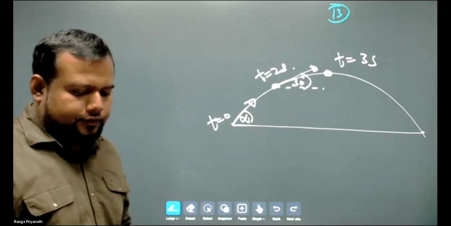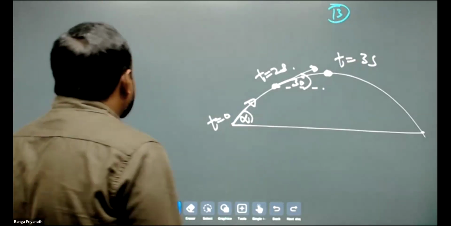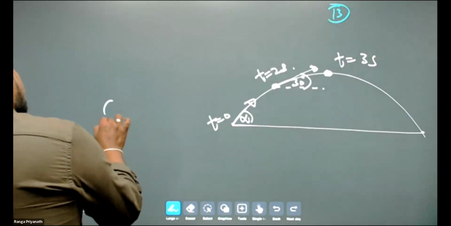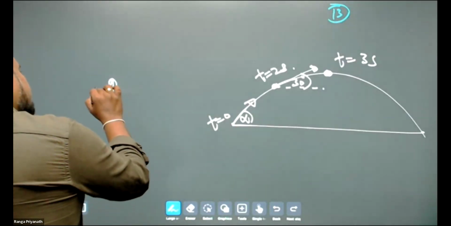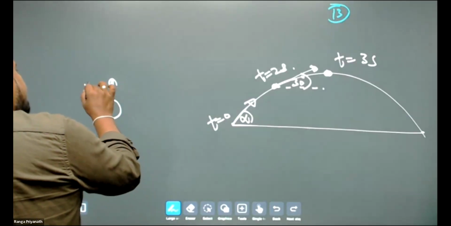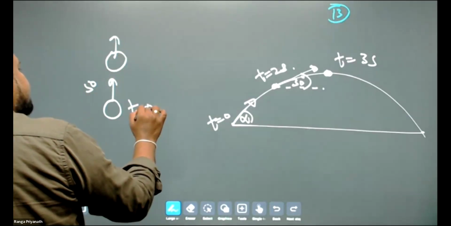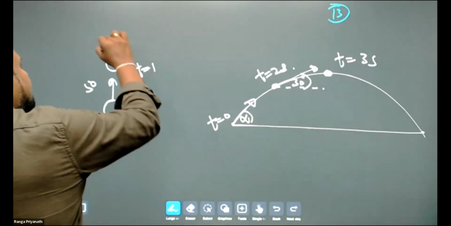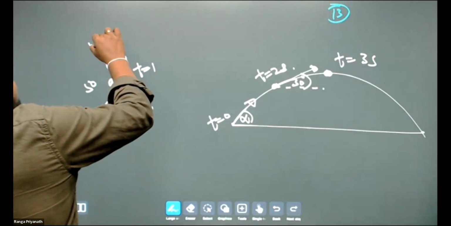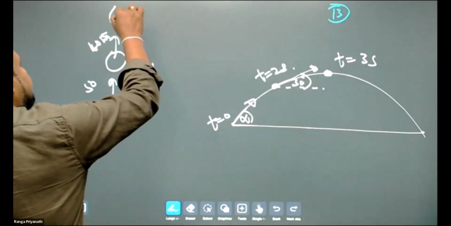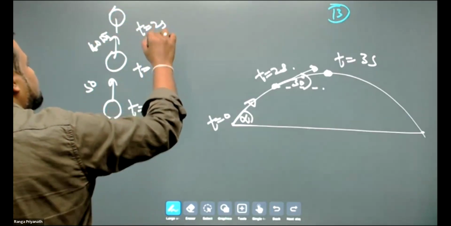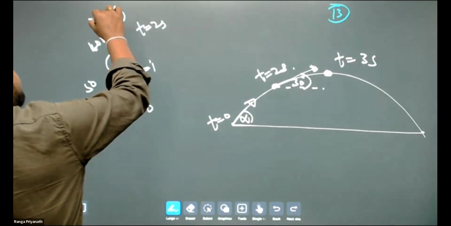I'm asking you a question. I told you that if you project an object with like 50, after another 1 second, the velocity dropped to 40 ms minus 1. Another 1 second, that means 2 seconds, this is 30 ms minus 1.